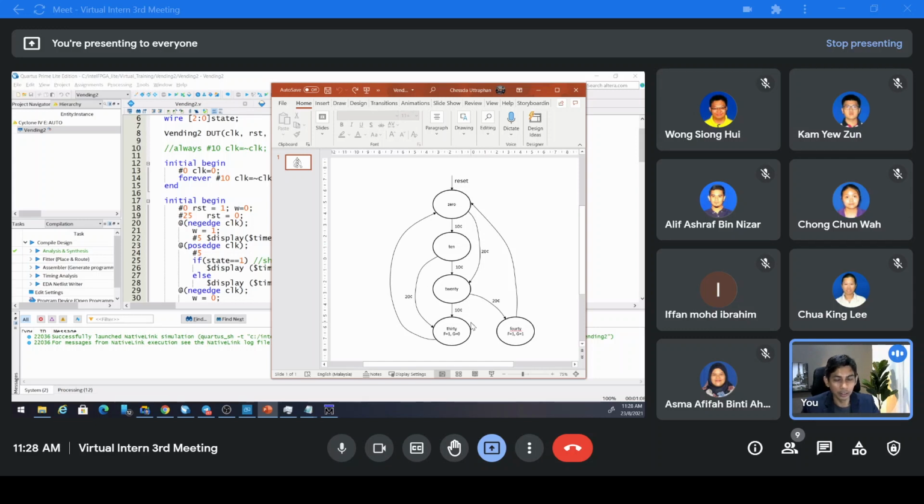We need to design our testbench such that when we have this input, our circuit must produce this output. For example, if we are in state 0 and the input is this, where do we want to go, what is the next state, and what is the output?